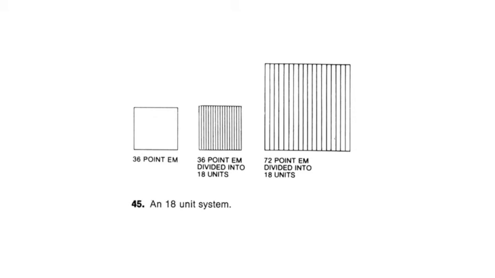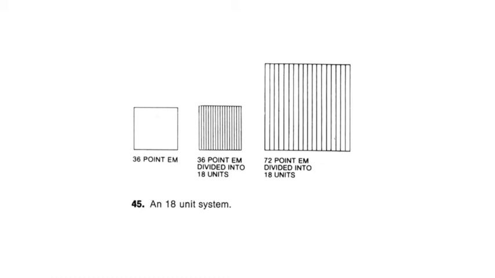In phototype setting, the width of the characters, or the set width, and the space between letters and words are measured in units. The unit, unlike the point and pica, is not a fixed measurement because it is based on the M. The unit varies with each type size.